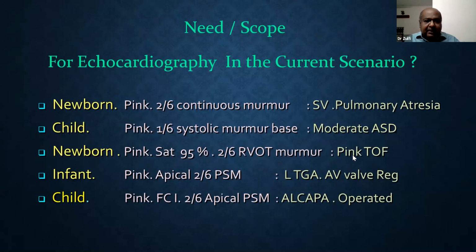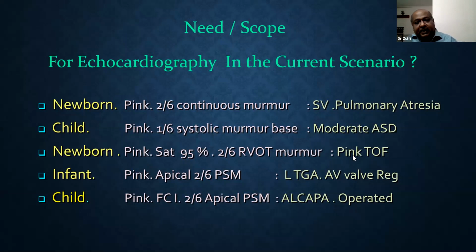Now, we had another child, pink, with a grade 1 systolic murmur at the base. We thought it was basically a normal split, and it turned out to be a moderate ostium secundum ASD. A newborn baby, again pink, saturation 95%, 2/6 murmur, turned out to be a pink tetralogy of Fallot. An infant with a pink apical 2/6 murmur turned out to have an LTGA with left AV valve regurgitation.